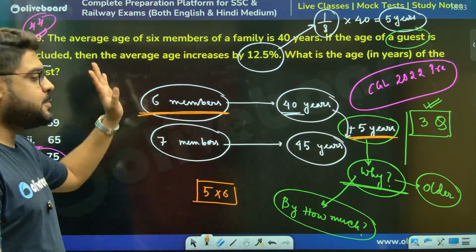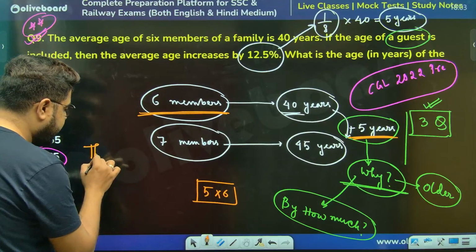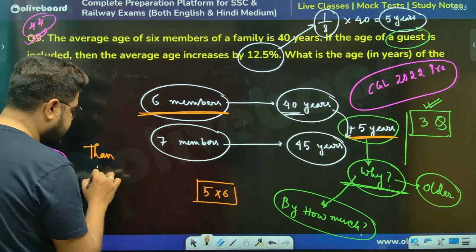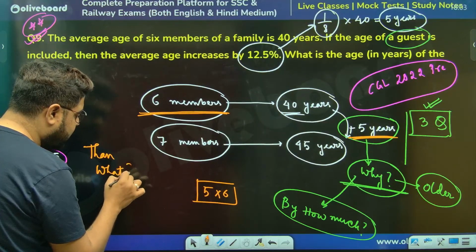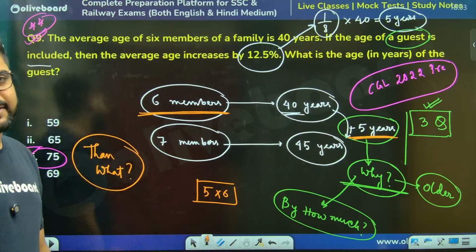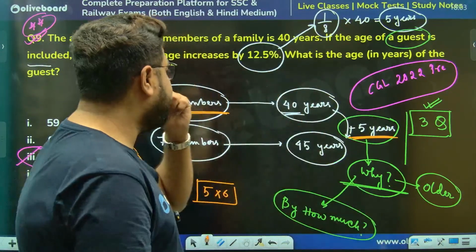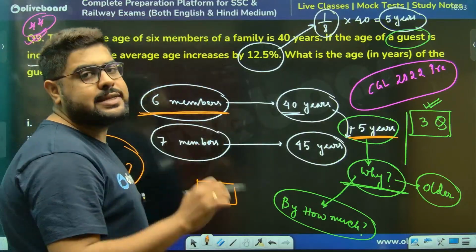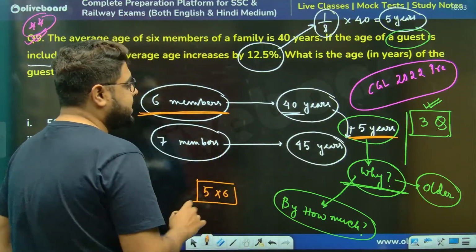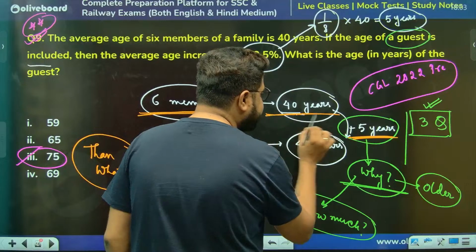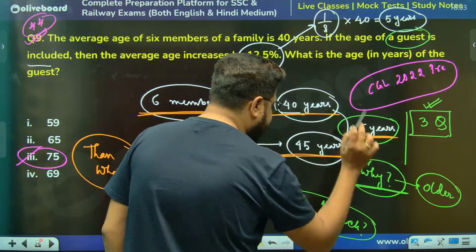By how much is it more? The third question: it is more by these many years, than what? Than the average age. Now there is a big problem. Many students have a problem whether to take this average age or that average age.